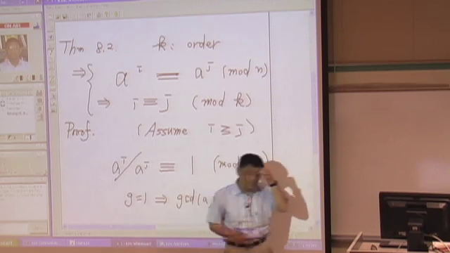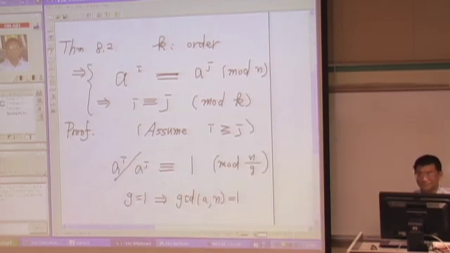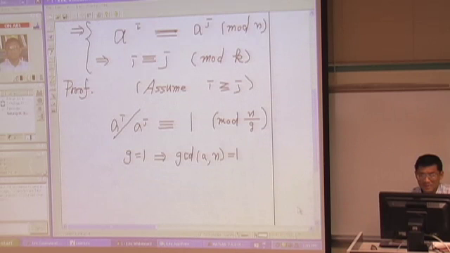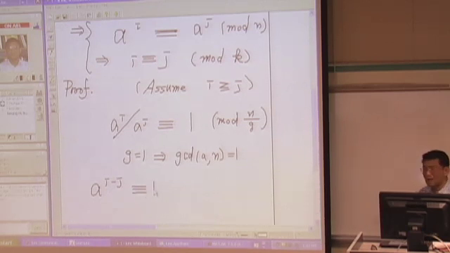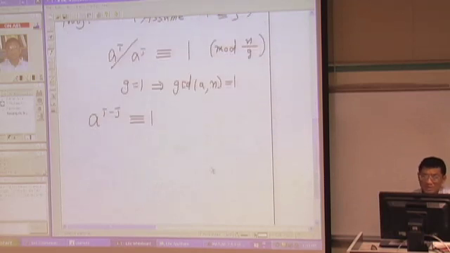Because of this, we can say that a to the power of i minus j is congruent to 1. Then by the previous property, this number is h, right? And this h is divided by what? Divided by k.